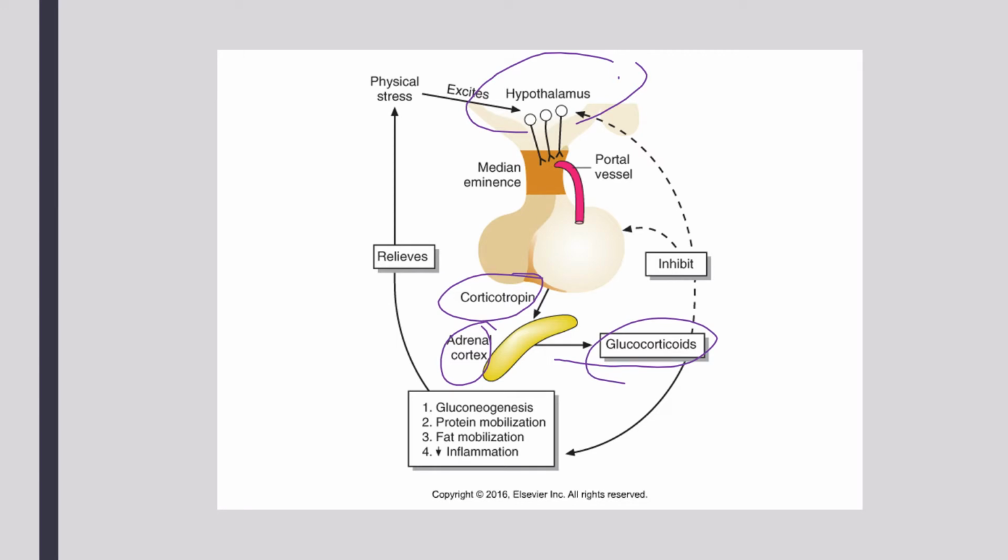The glucocorticoids cause gluconeogenesis, protein metabolization, fat metabolization, and decrease inflammation, because these are anti-inflammatory steroids. Once they do that, they should help relieve that inflammation, that physical stress, and we send that feedback, and that's where we create more or stop creating it. This is the HPA axis that you're looking at here.